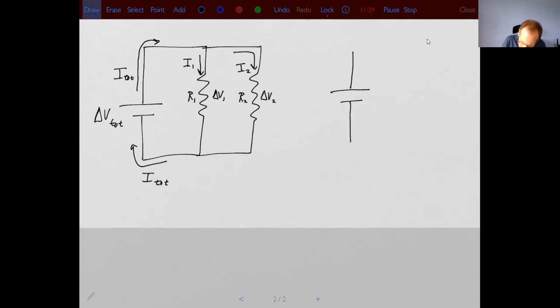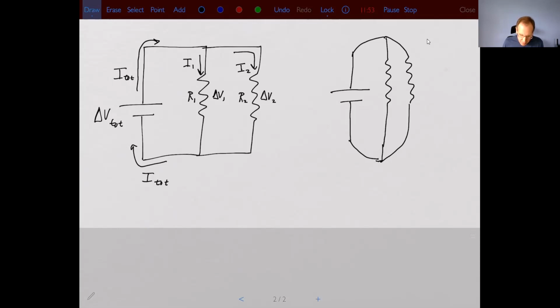We can bend those wires. If you want, you could even have all of the resistors and the battery coming from the same point. It means exactly the same thing. So that is exactly the same circuit that I just drew. It's just easier to draw it as rectangles.